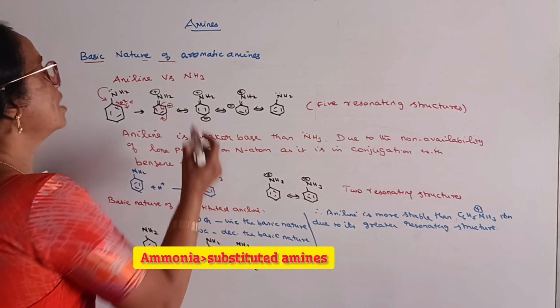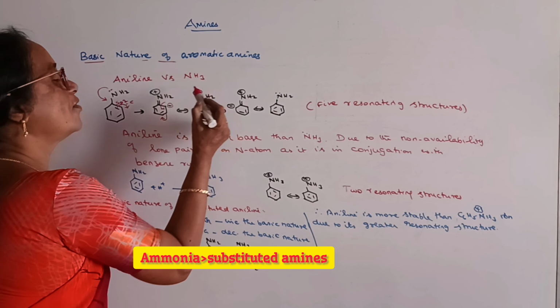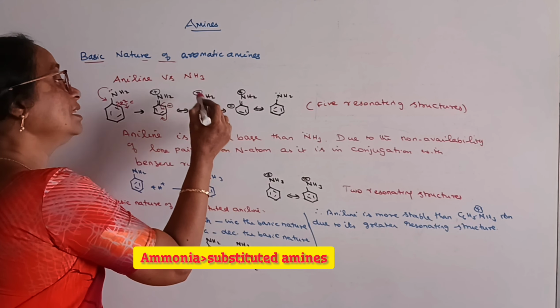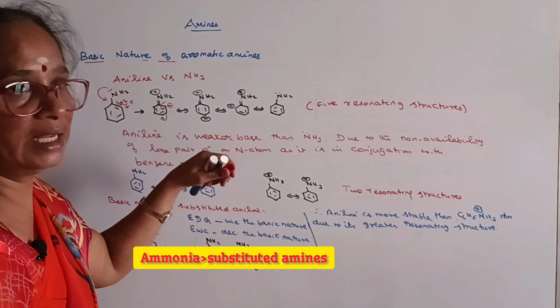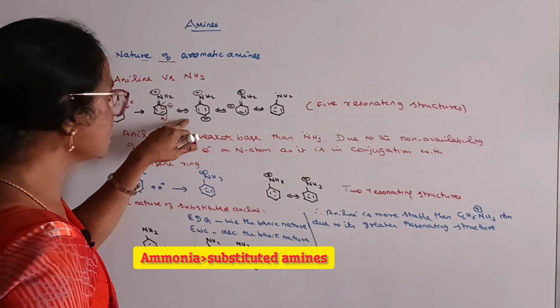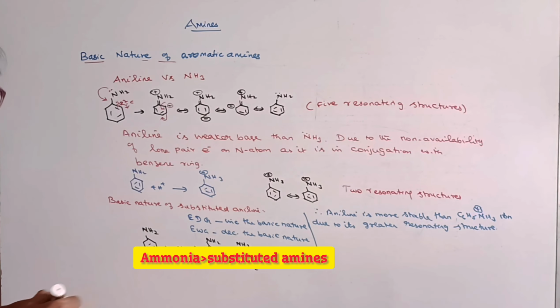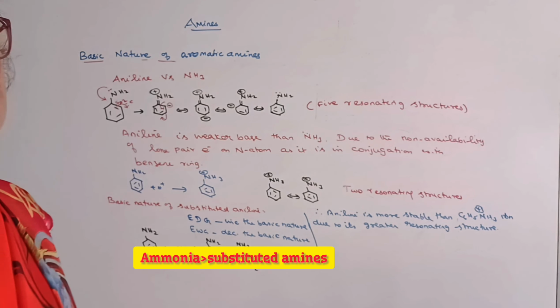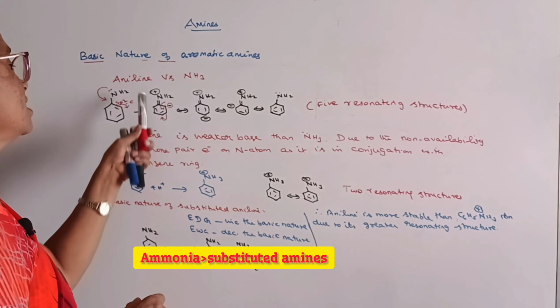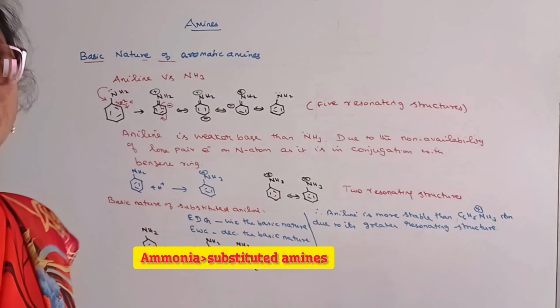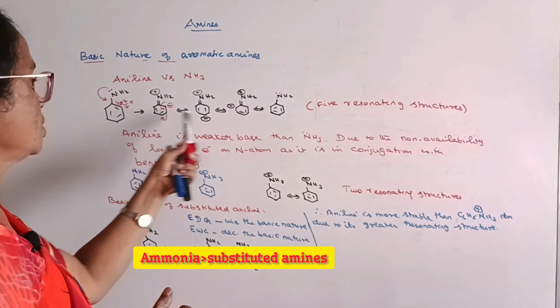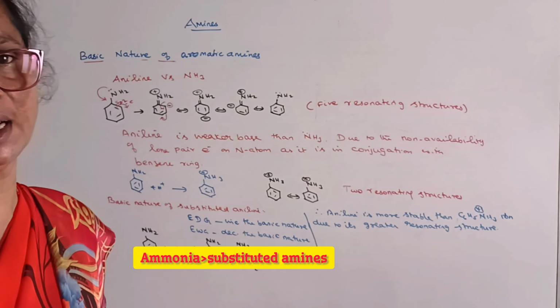So because of the non-availability of the lone pair of electrons on the nitrogen atom of aniline, it is less basic than ammonia. So we can say aniline is less basic than ammonia because of the non-availability of the lone pair, as it is in conjugation with the benzene ring.